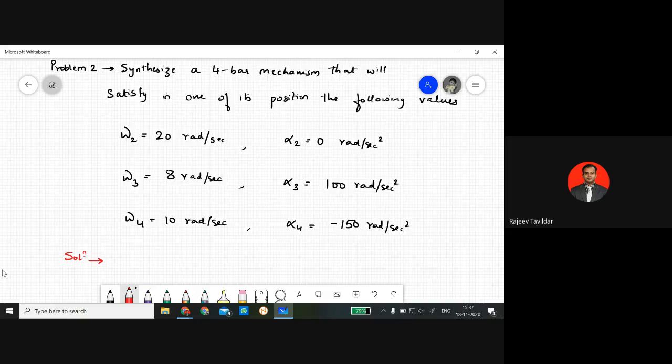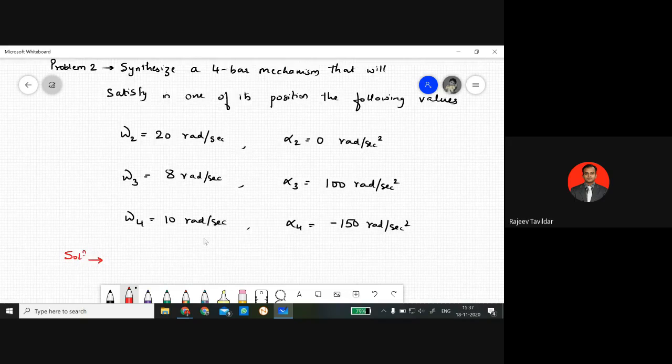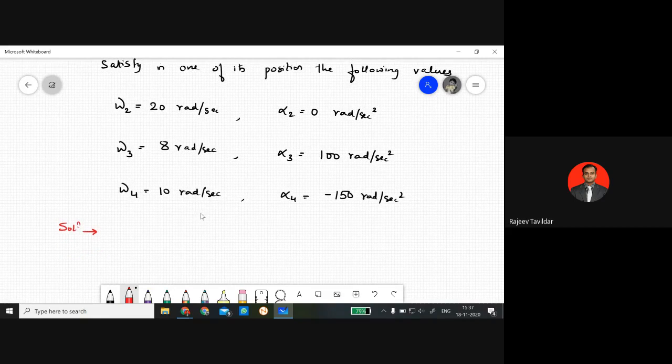So we'll use the equation for R2, R3, and R4. R2 will be omega 3 into (alpha 4 plus j omega 4 square) minus omega 4 into (alpha 3 plus j omega 3 square).